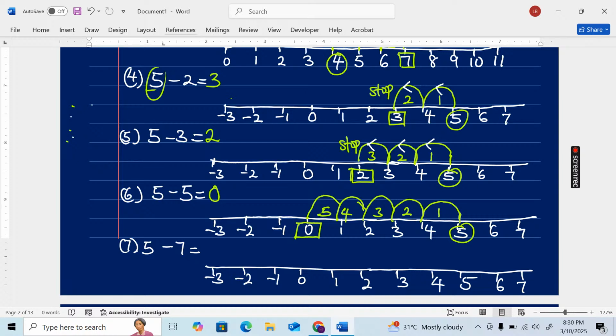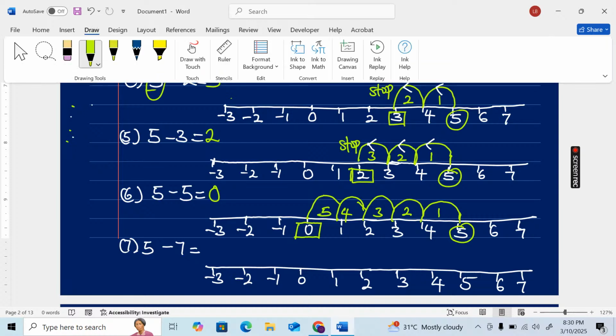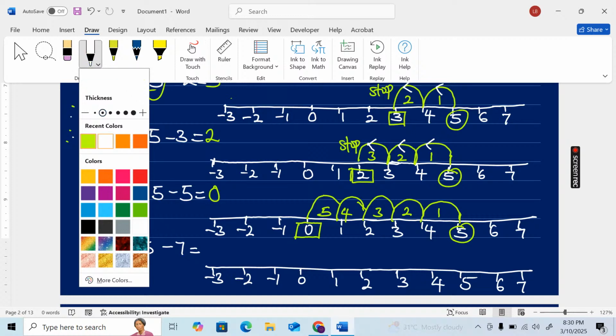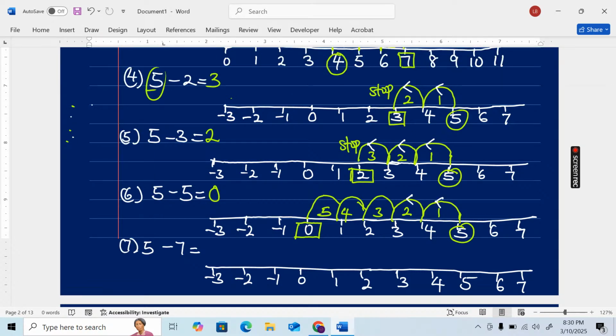That is 5 times. And we got 0. After that, make sure you show your arrows facing the left. Only the arrows will be our saver, telling everyone that they actually counted to the left. Awesome. Now let's move on to number 7, which says 5 minus 7.